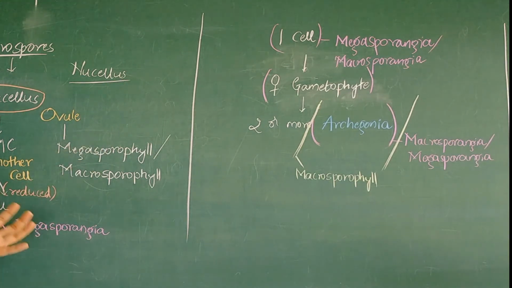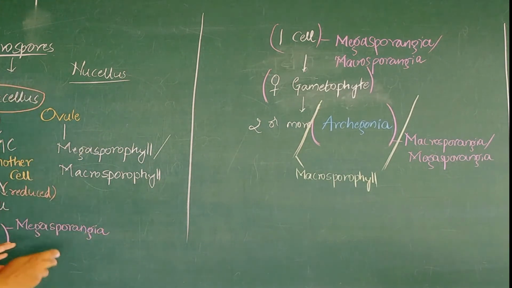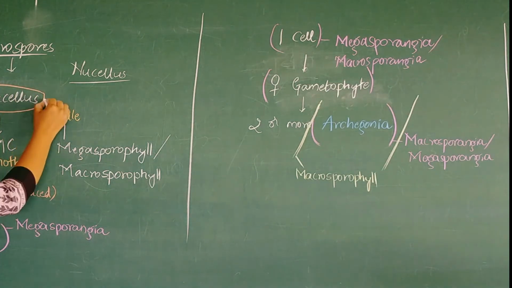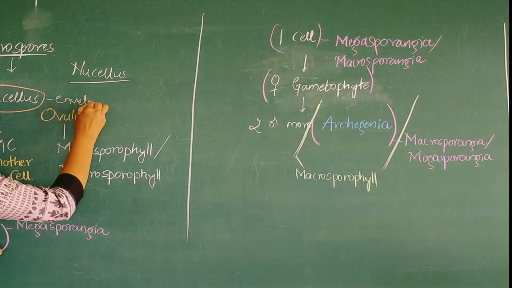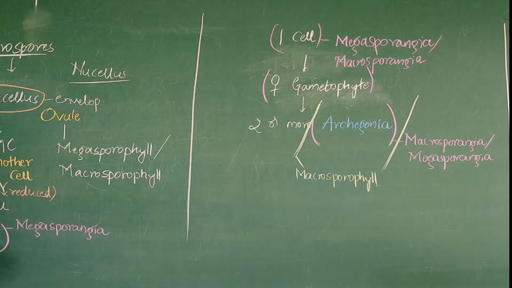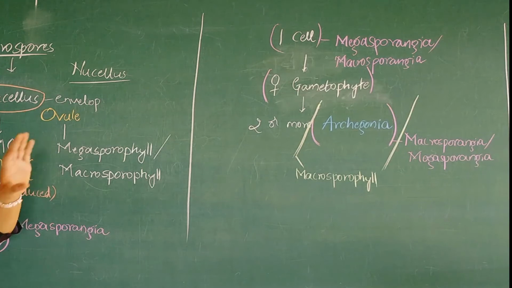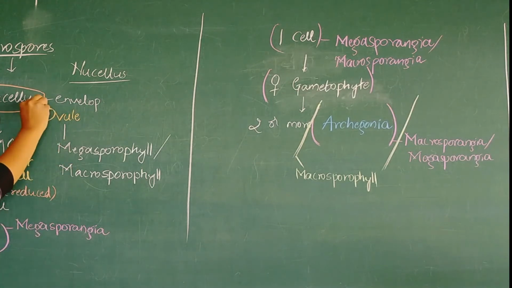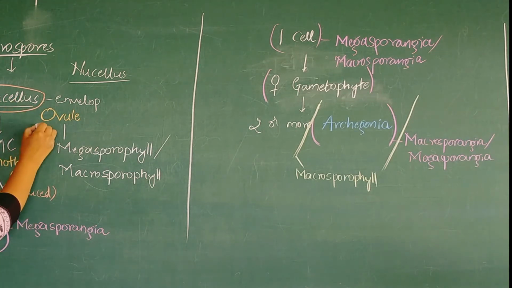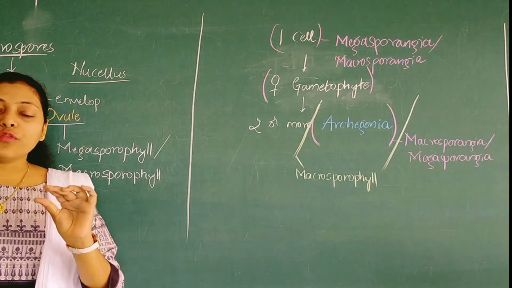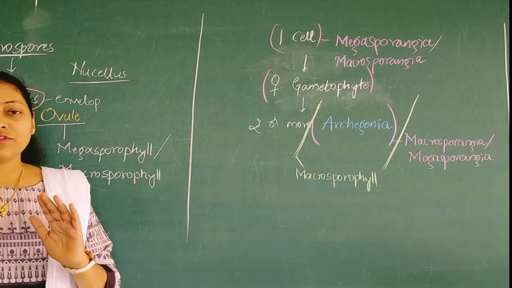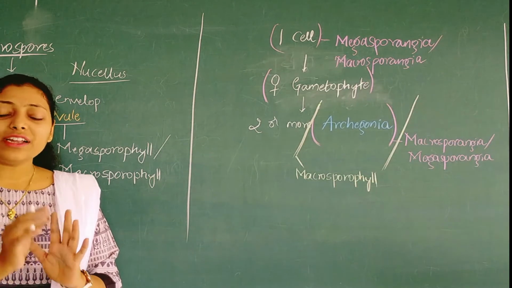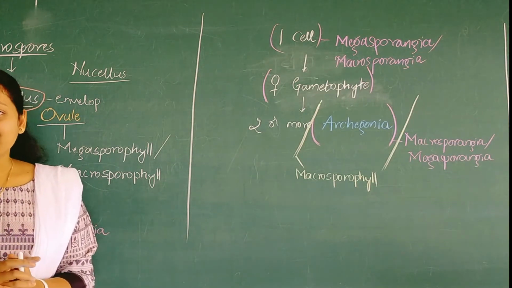These nucellus cells are protected by an envelope. This is called the protective covering for the nucellus cells. This protective envelope and the nucellus together are called the ovule. Remember, the ovule is the structure confined to the female reproductive structures.